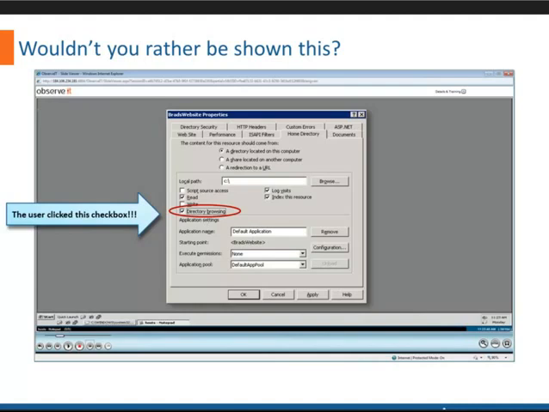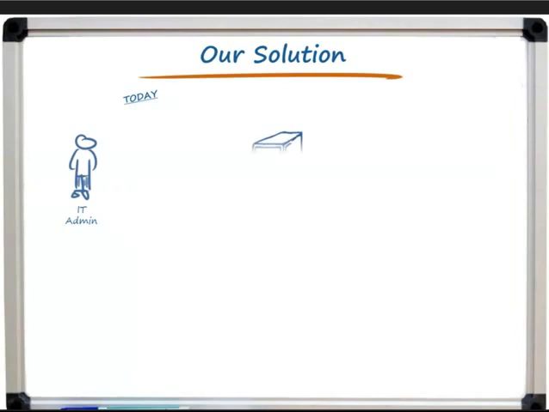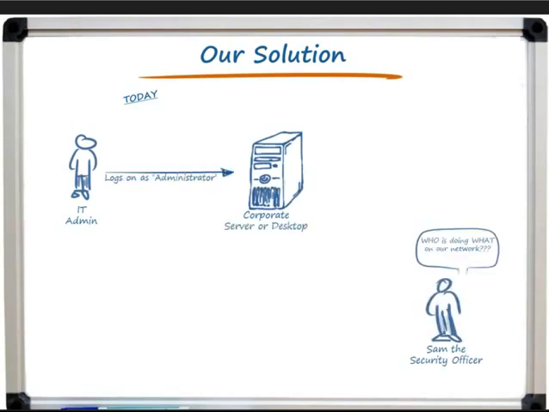If you want to know what the user did, I can see, hey, the user clicked the directory browsing checkbox. That is a much more clear story than using the detailed system logs. So that's what Observit is about, and now let's understand one level deeper exactly how the product works, and take a look at the live demo.